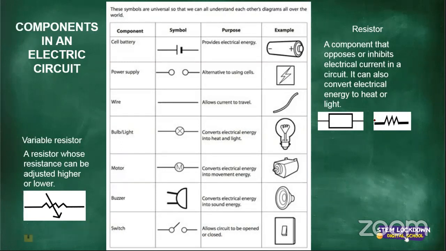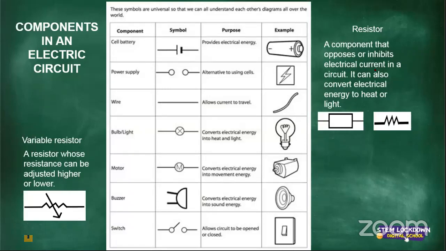A resistor can either look like the one that I'm pointing my laser on, or this one that I showed you initially before. Most of the time we use the second picture. The purpose of a resistor is that it's a component that opposes or inhibits electrical energy.